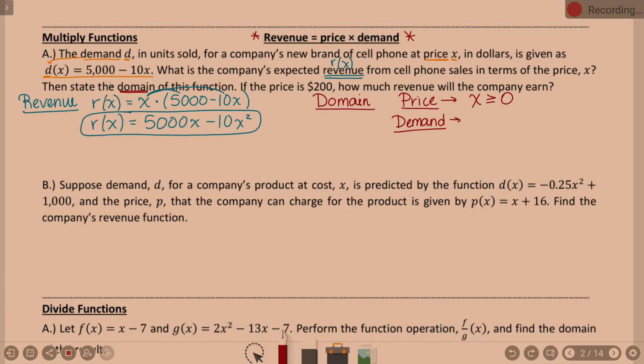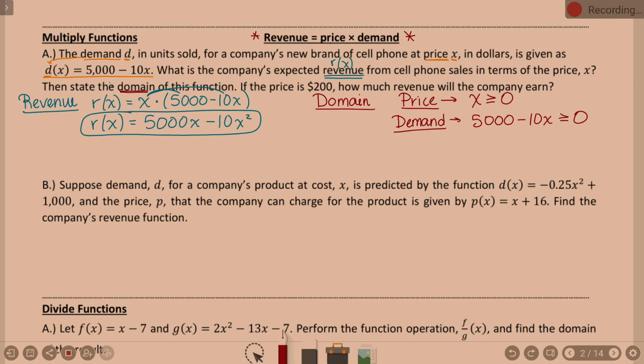Demand has to be positive. So we had a demand formula, yes? Our demand formula was 5,000 minus 10x. That demand, just like the price, has to be positive. So it has to be greater than or equal to 0.